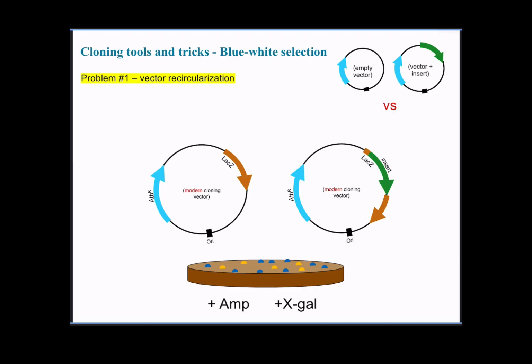So when we use these more modern vectors, and these are being used every day in labs nowadays, you can basically plate your bacteria in the presence of ampicillin for selection and X-gal for selection of empty vector or vector with insert. The day after, you see all of these colonies on the plate. Some of them are going to be creamy white, some of them are going to be blue. And you simply avoid the blue ones because those picked up empty vector.